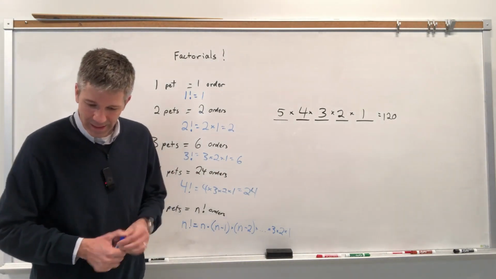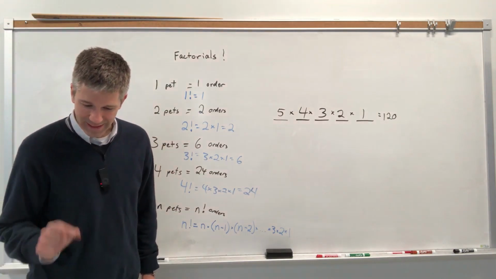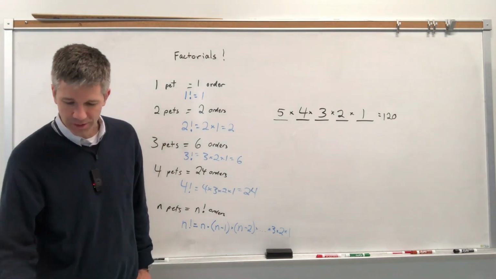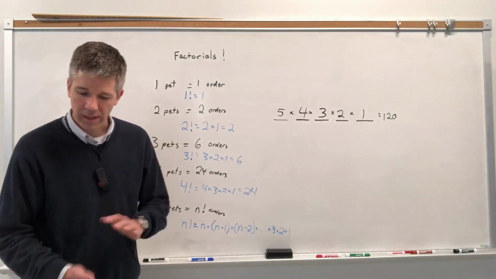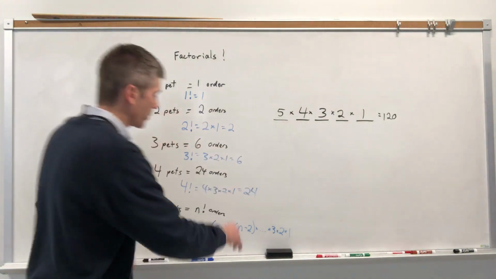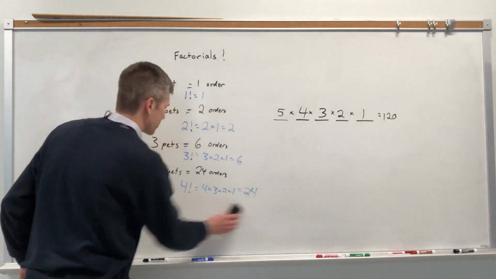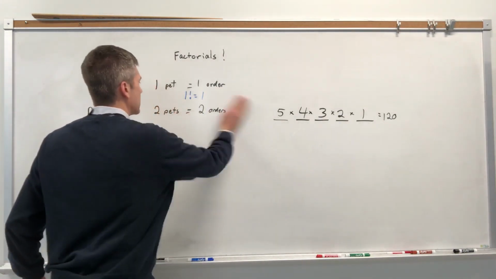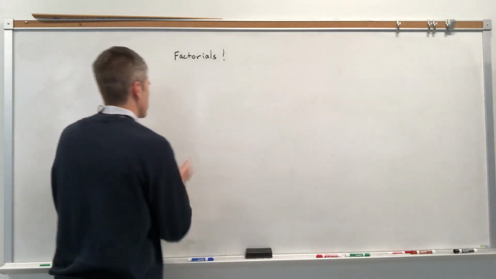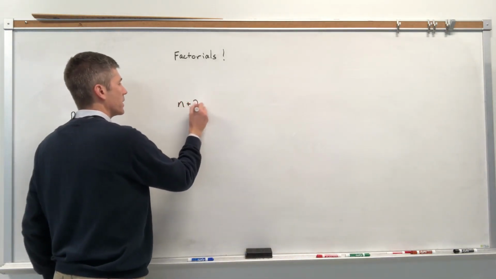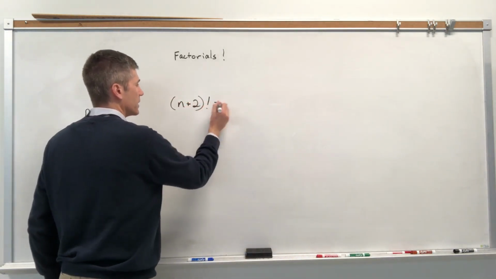Let's see. We are going to write the listed factorial notation, no more pets, sorry. Write the listed factorial notation for n plus 2 factorial. So let me erase what we have. So the next question says, write it as a list. So n plus 2 factorial is what?